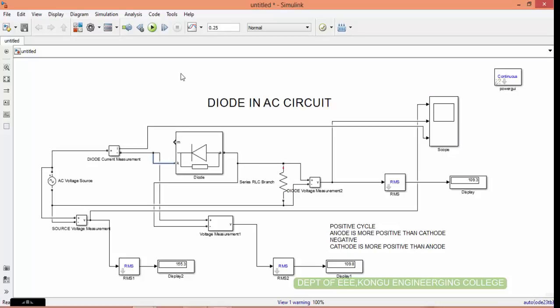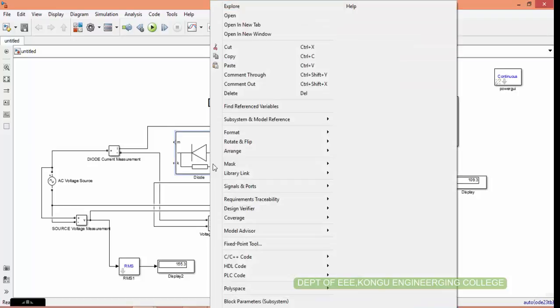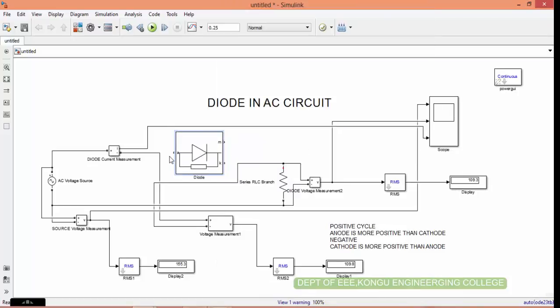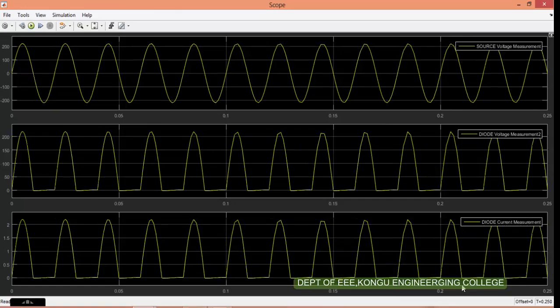Now let us again change the connection of the diode. Now you can see that again you are getting the output for only the positive cycle.